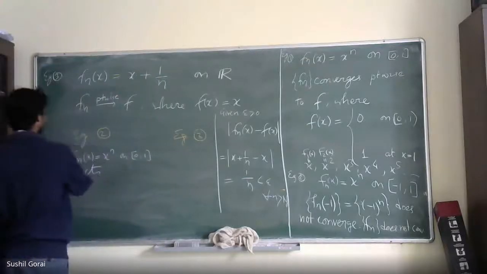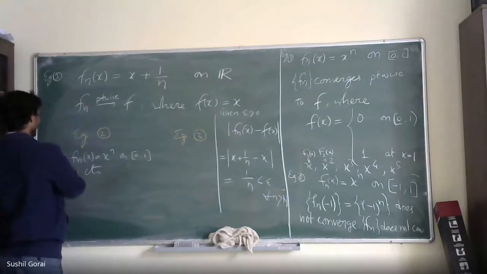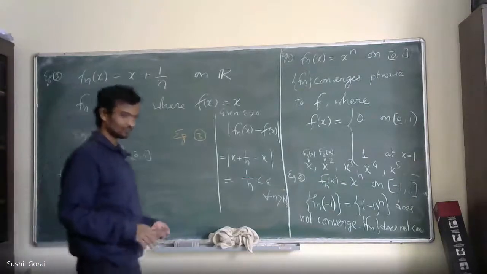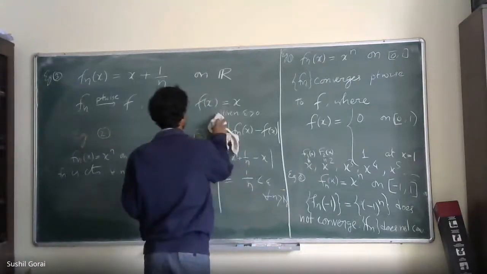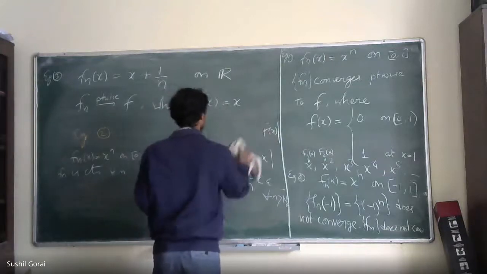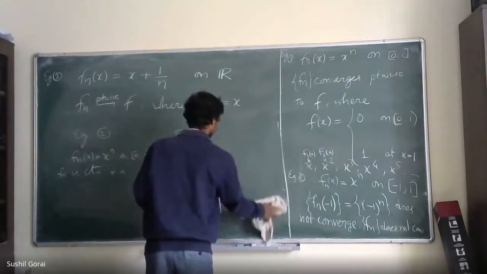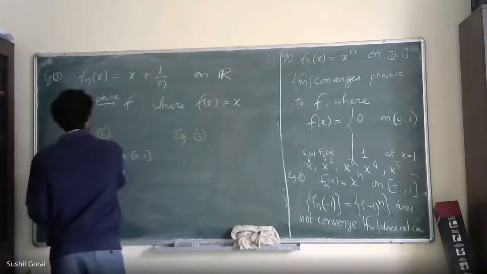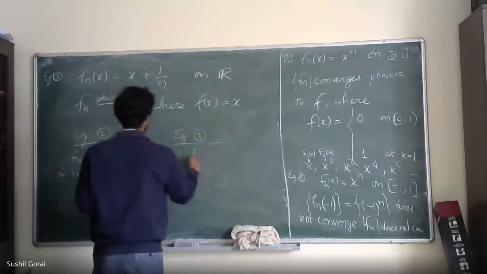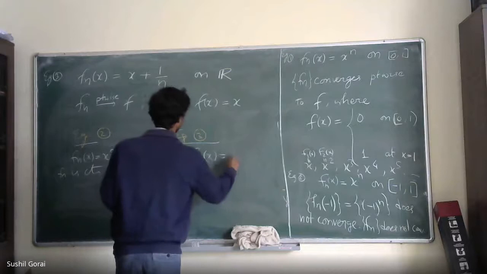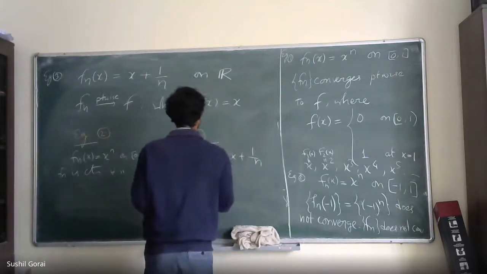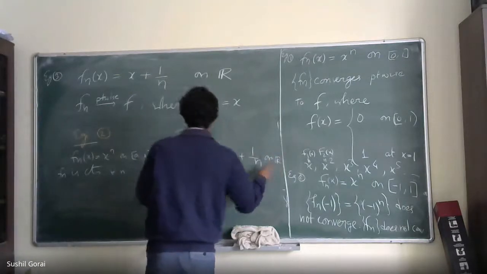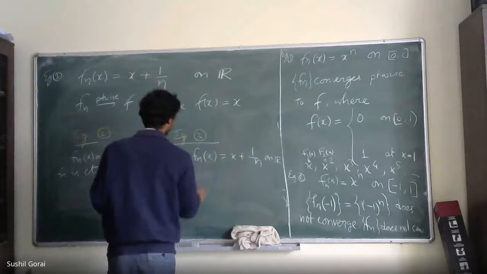So look at this one. These functions are continuous. So fn is continuous for all n. And here also. This is very simple. So in example 3 also, fn(x) is x plus 1 by n on R, or you could take the interval [0, 1], doesn't matter in this case.